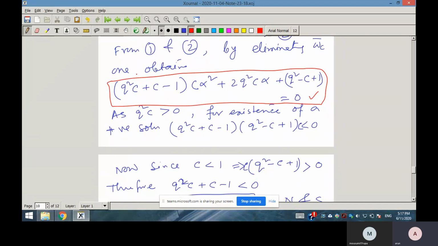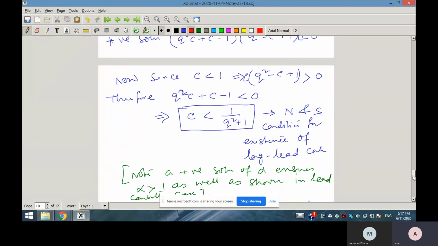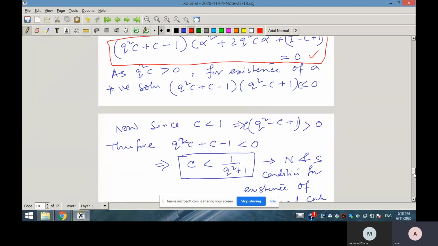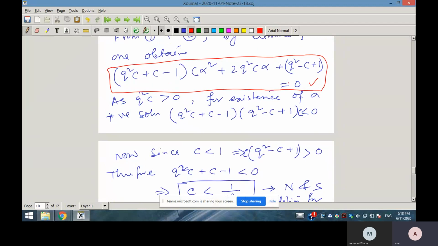If you solve this quadratic equation, then you will get alpha. But before solving this, you have to check whether the lag lead controller exists or not by checking this condition. Once this condition is satisfied, you have to solve this equation for alpha.